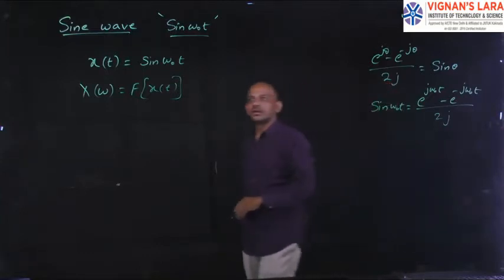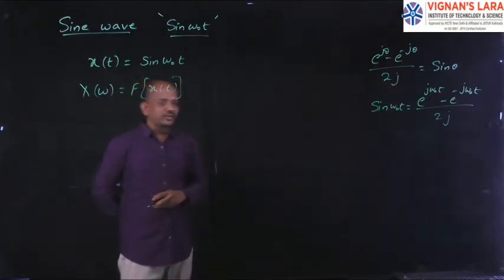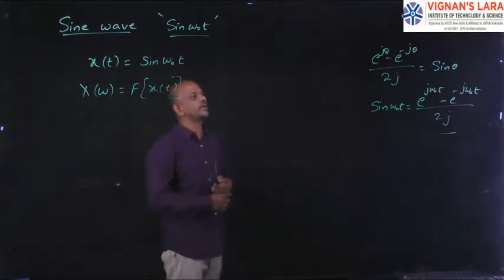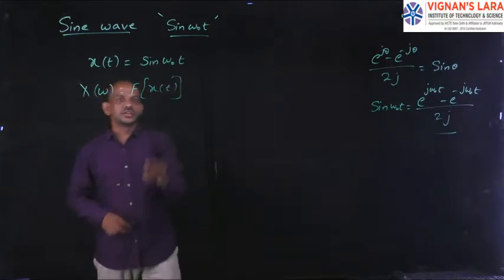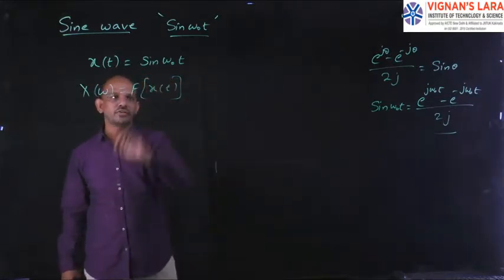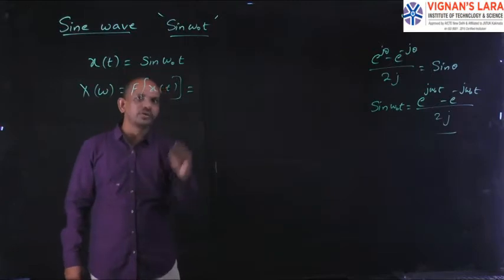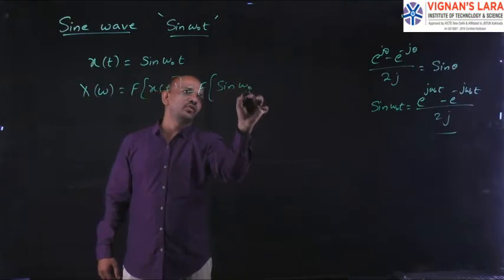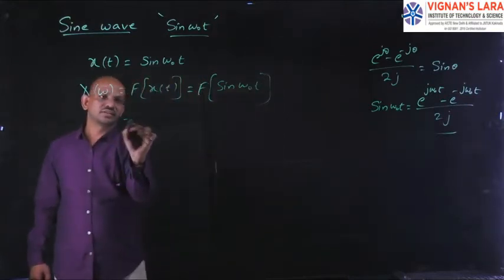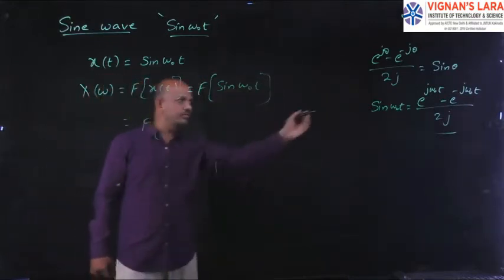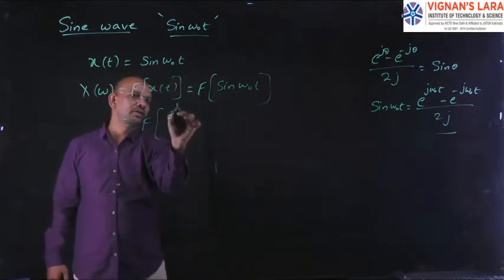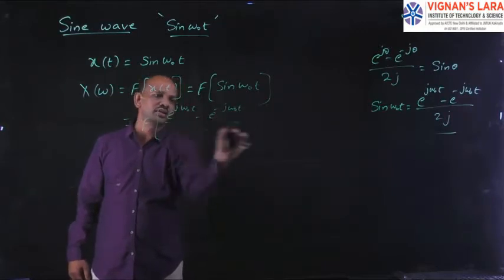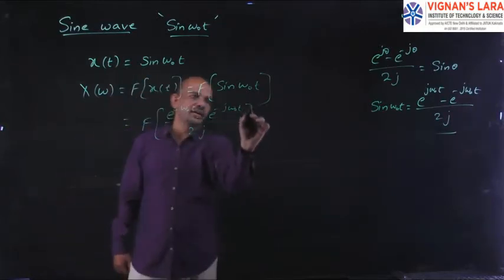So X of omega, the Fourier transform of x of t, will be equal to the Fourier transform of sine omega naught t, that is the Fourier transform of e power j omega naught t minus e power minus j omega naught t, by 2j.